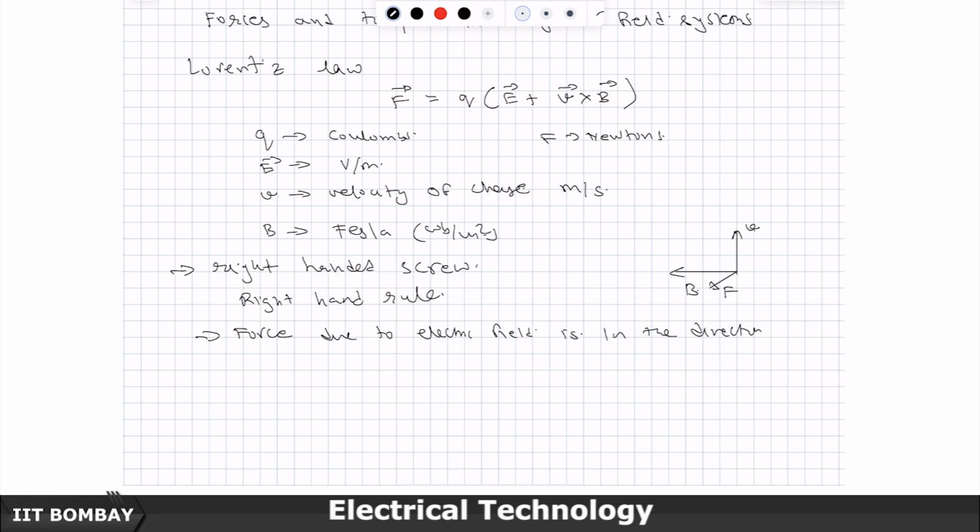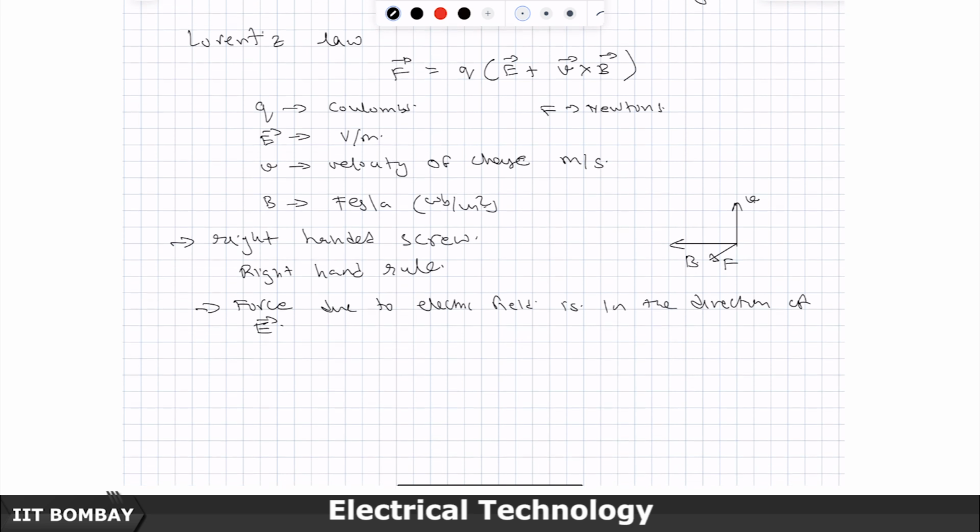For a positive charge, it is in the direction of E itself. So, this part is pretty much straightforward, and given an electric field, it only depends upon the magnitude of the charge.